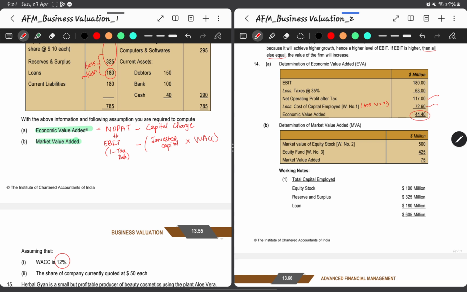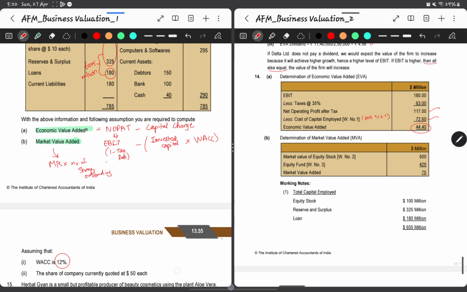Got it. Now the market value added is nothing but the MPS multiplied by the number of shares outstanding and reduced by the equity fund.